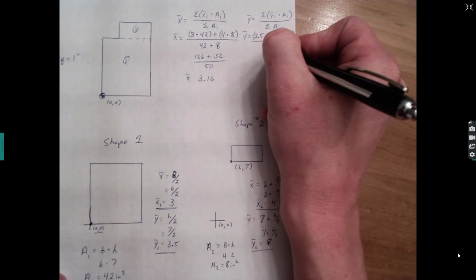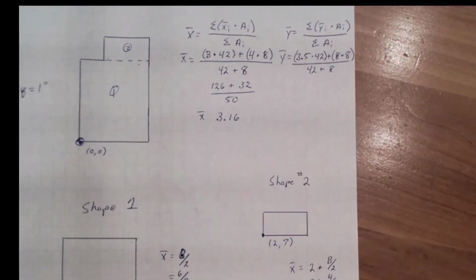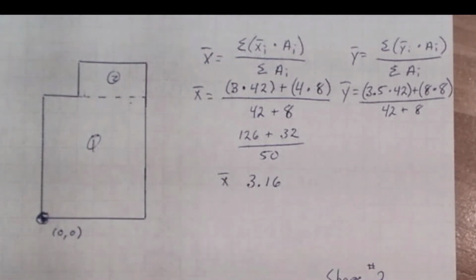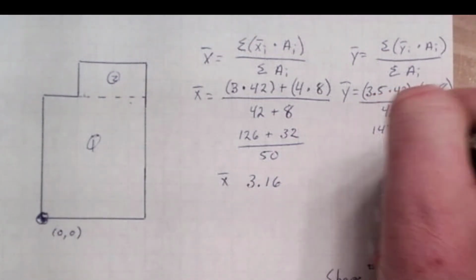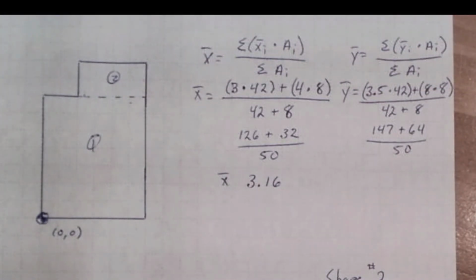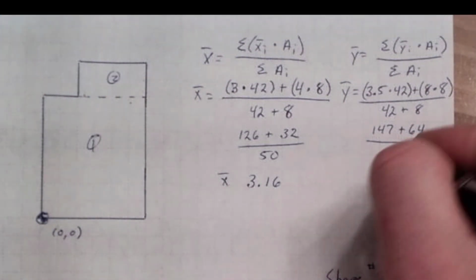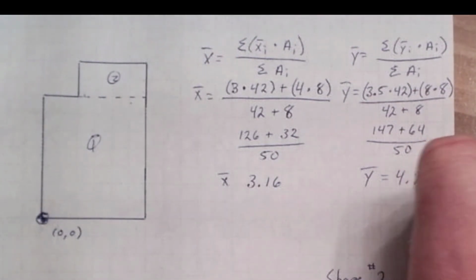The area of shape 1 is 42, plus the area of shape 2 is 8. So this simplifies out on top to 3.5 times 42, 147 plus 64 over 50, which equals y bar of 4.22.